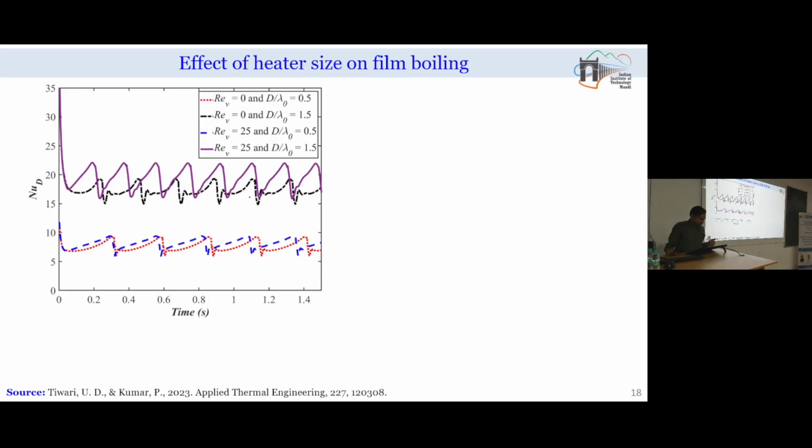Now, this is something which is tried on two surfaces. Here d is the diameter of the heater surface and lambda naught is the length scale of the bubble. In one situation the ratio is maintained at 0.5 and in another situation it is maintained at 1.5. Corresponding to 1.5, of course, the length scale of the vapor bubble will not change, because we are not changing the fluid combination; ultimately we are changing the diameter of the heater surface.